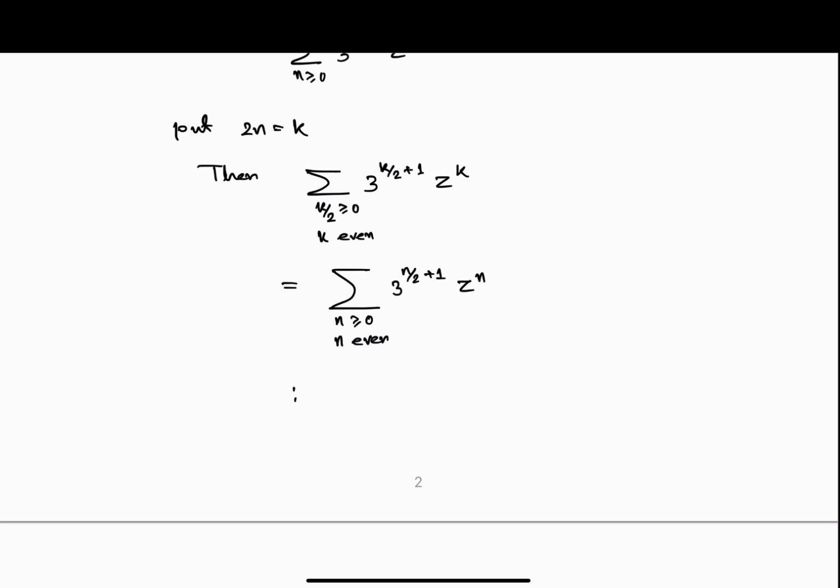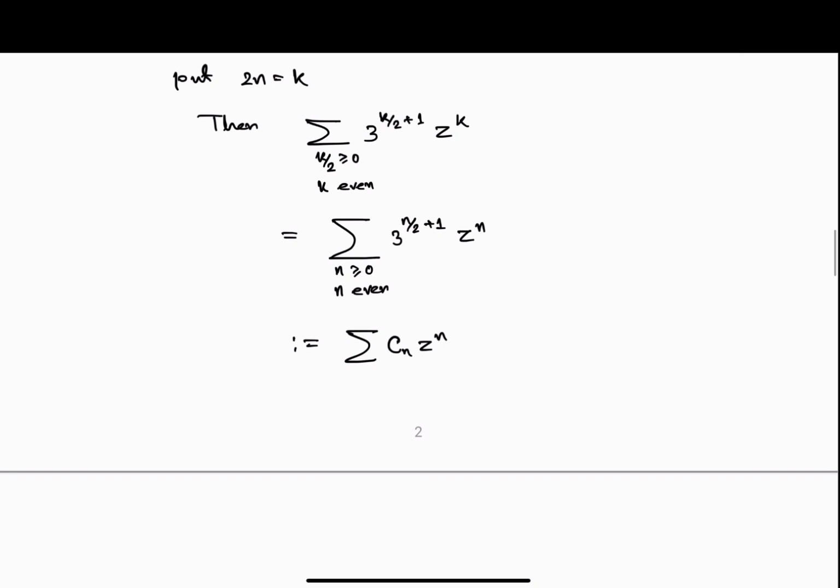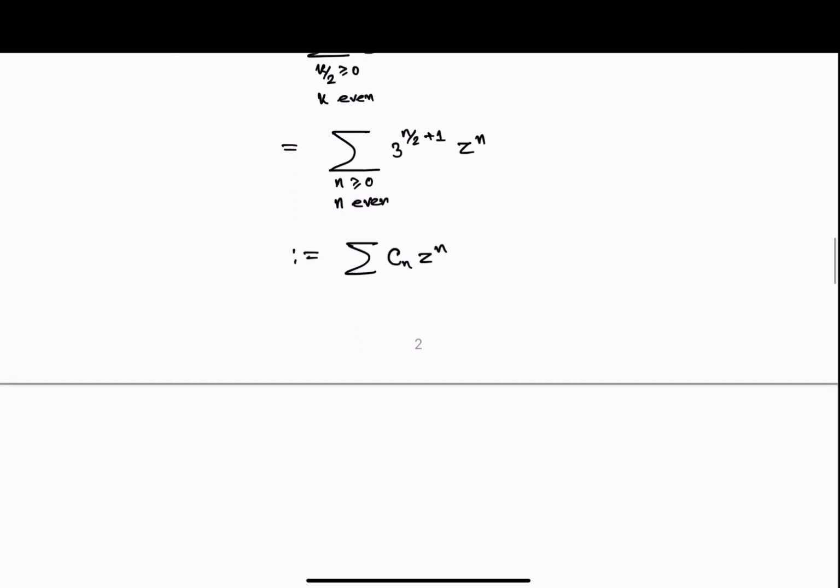Let us denote it by Cn z to the power n. Then what is Cn? Cn is 3 to the power n by 2 plus 1 when n is even, and 0 when n is odd.